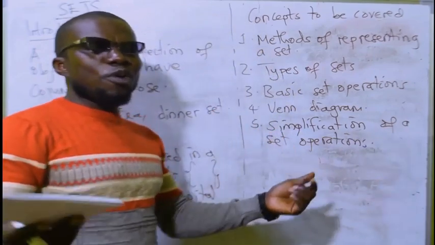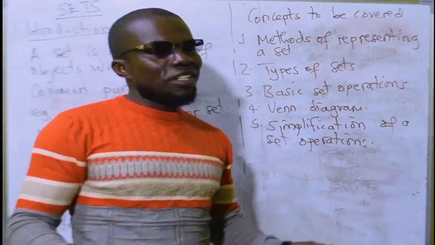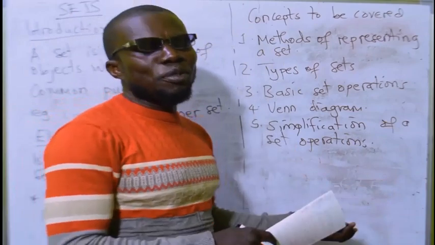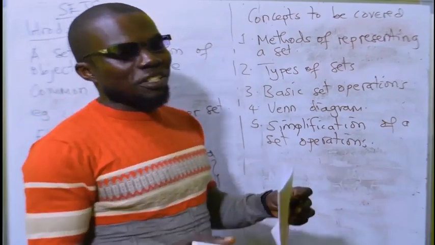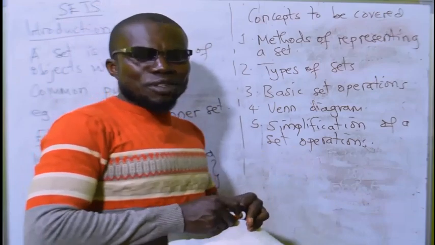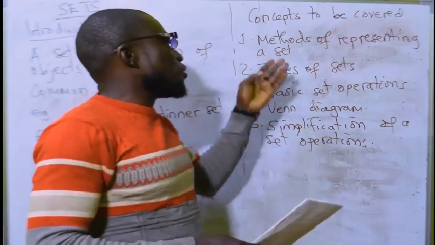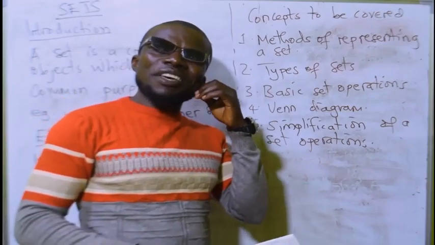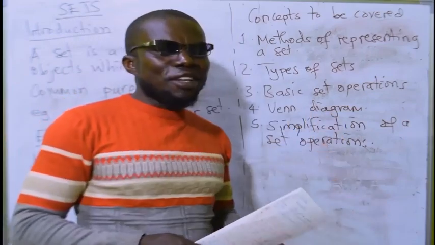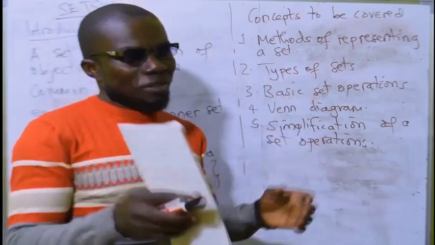That means we are going to see how to simplify a set expression, maybe reducing a word problem to a set and so on. So stay tuned from the first subtopic to the last one so that you can understand the whole topic. Is it clear?